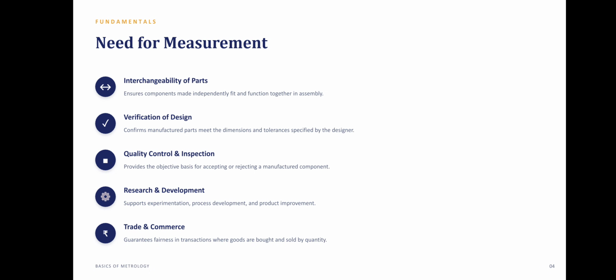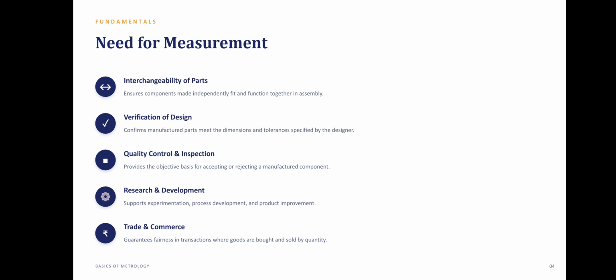Coming to the need for measurement. First one is interchangeability of parts. It ensures components made independently fit and function together in assembly. The second one is verification of design. It confirms manufactured parts meet the dimensions and tolerances specified by the designer. The third one is quality control and inspection.